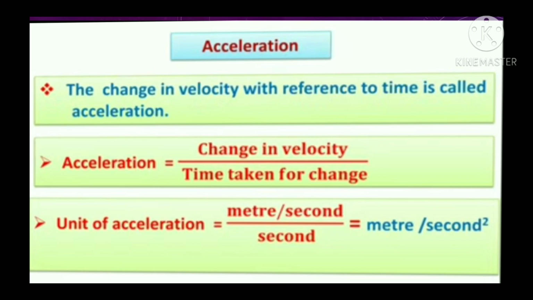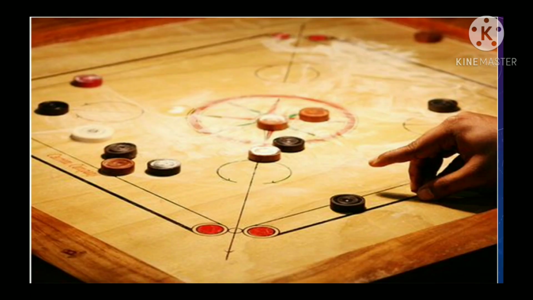So, which unit will we use for the unit of acceleration? Meter per second square. On a carom board, the carom coin pushed by a striker will move forward some distance and then come to a stop. If the coin is pushed after applying talcum powder to the carom board, it will keep moving for a longer time and then come to a stop. What can we infer from this?